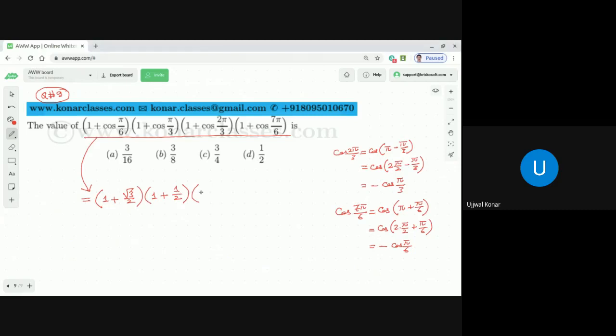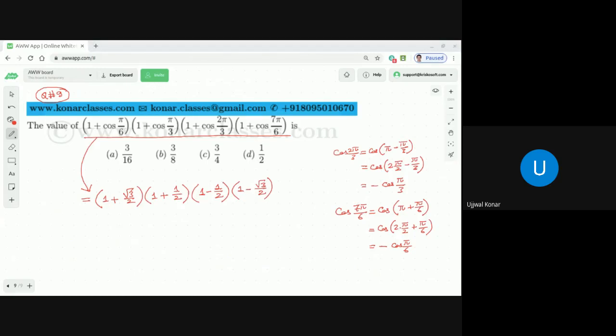That means 1 minus 1 by 2. We just derived the value of cos 2 pi by 3 is equal to minus cos pi by 3. And 1 minus root 3 by 2, because we found the value of cos 7 pi by 6 as minus cos pi by 6.